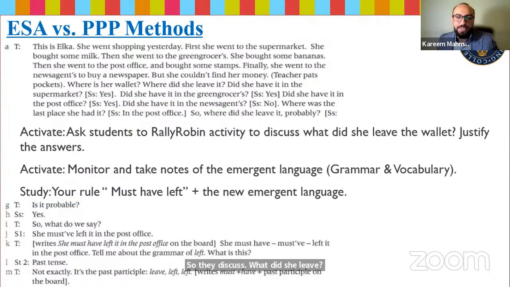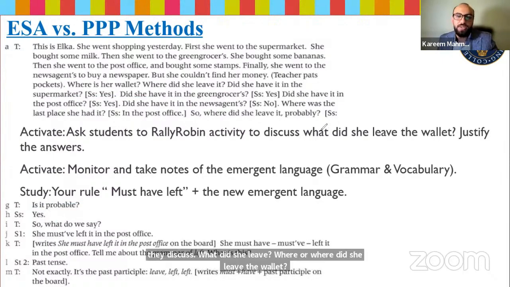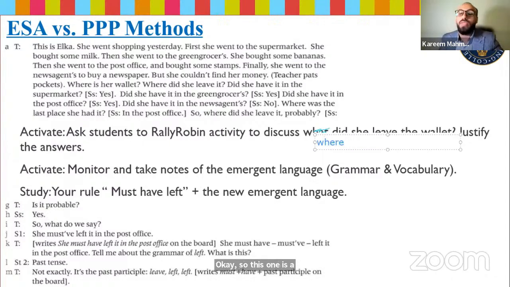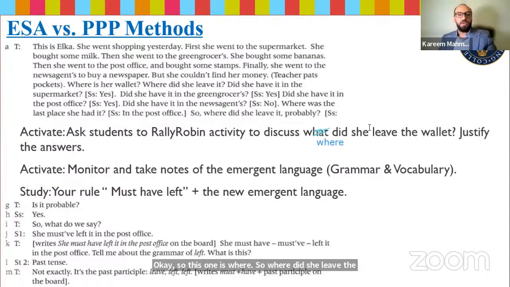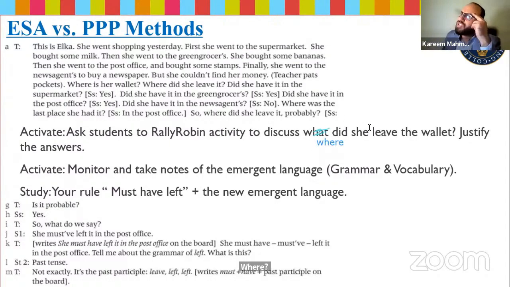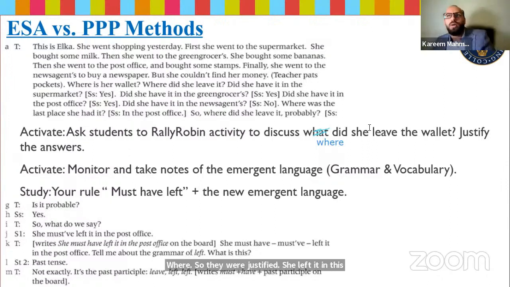It's not what, it's where. They will justify: she left it in this shop or in that shop. Why? Because she got this magazine from there, and so on. So they activate, they communicate together.